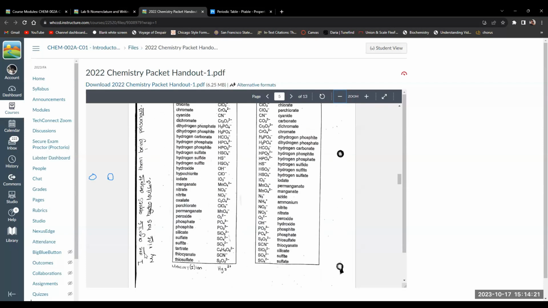So I ate organic apples. That IC is going to be replaced with ATE. And we are looking for sulfuric acid, so we know we're going to be finding sulfate.